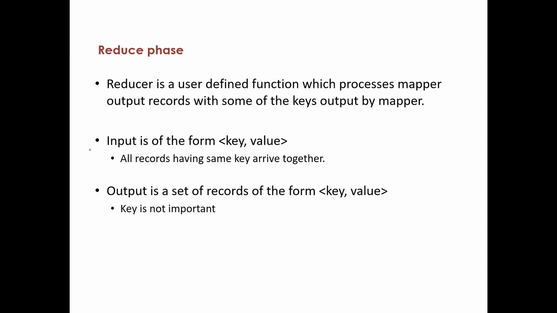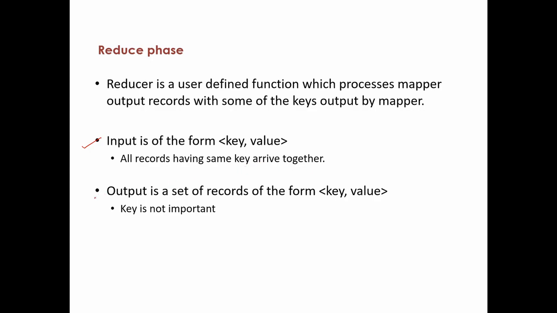Again the input is of the form key value pair. Here one could also have key, list of values, but as we discussed, they are effectively the same, and the implementation changes from implementation to implementation, and all records having the same key arrive together.